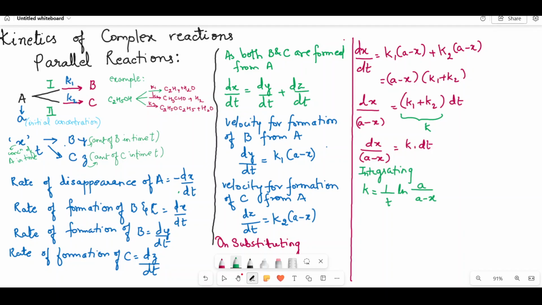So the value of k can be obtained by recording the concentration of A with the time t.